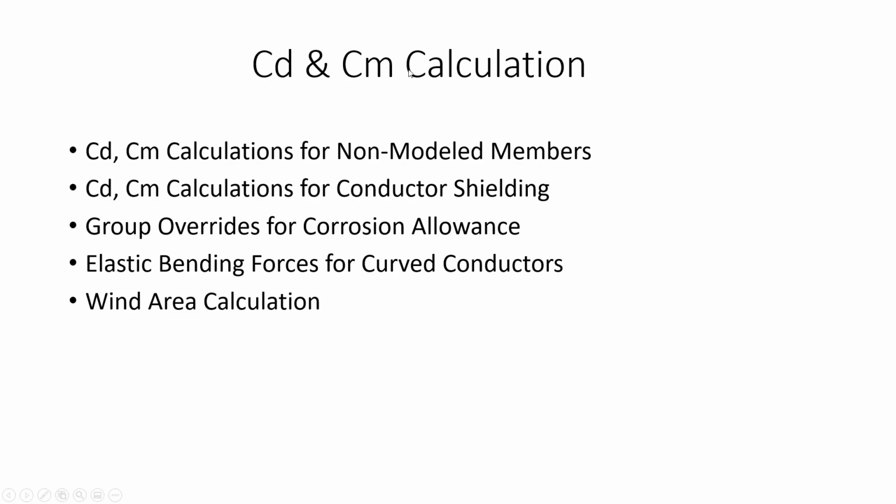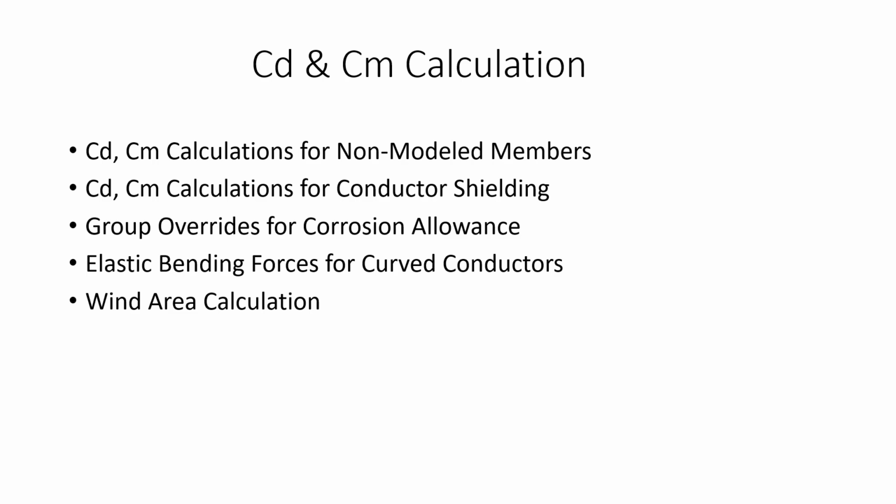Then CDCM calculation. What is CDCM calculation? Some of the non-model members we do not model. For example, the anode we will not model into our model. So what do we have to do for that anode? When you are generating the wave force, the wave will attack the jacket leg.